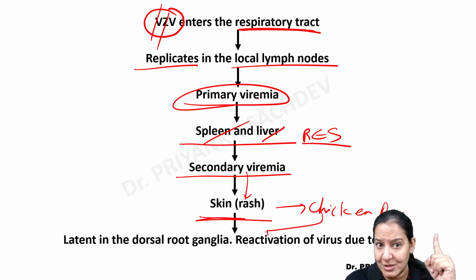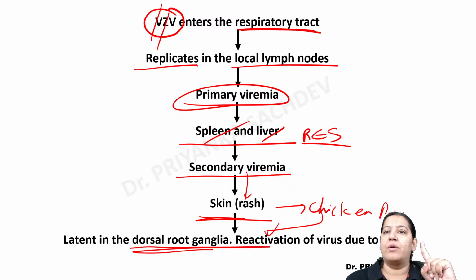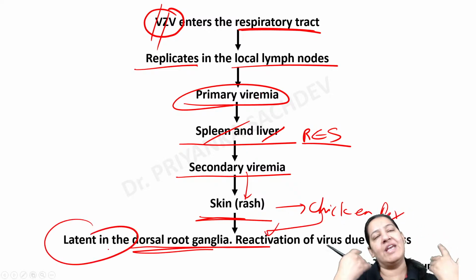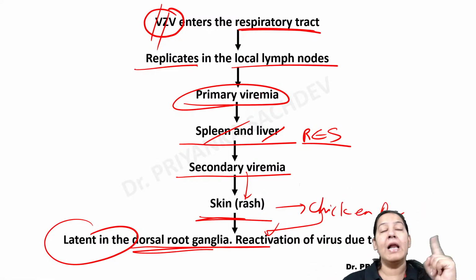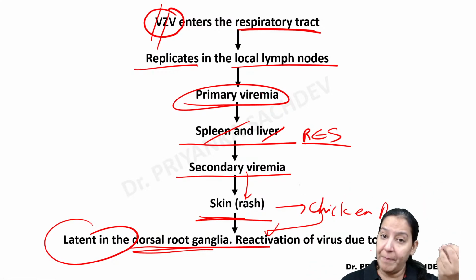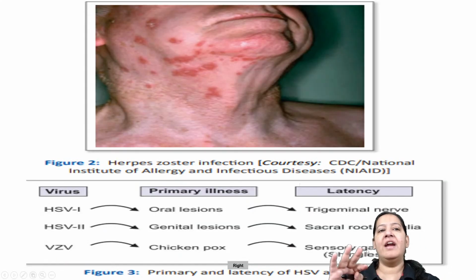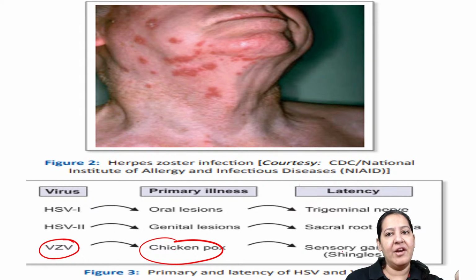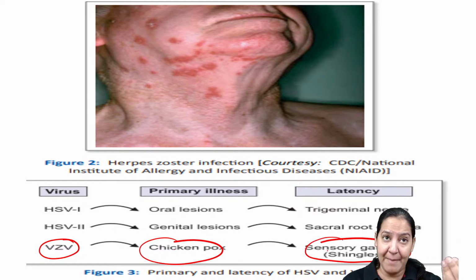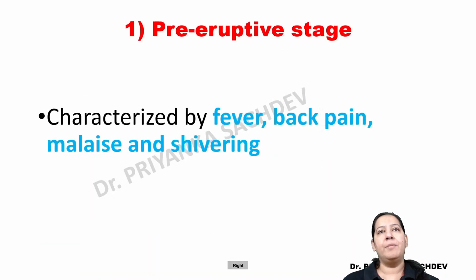After chickenpox, it goes into the dorsal root ganglion and remains latent there for years. After that, due to a drop in immunity, it again becomes reactivated. So you can see varicella zoster virus first causes chickenpox, remains latent in the sensory root ganglion, and after that becomes activated again and causes a rash. This is known as shingles. Give me a thumbs up.